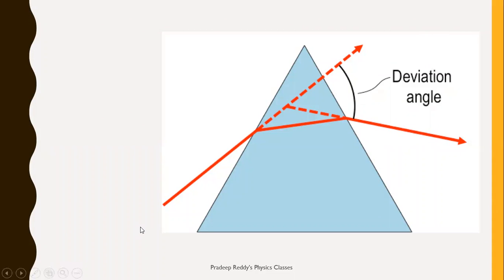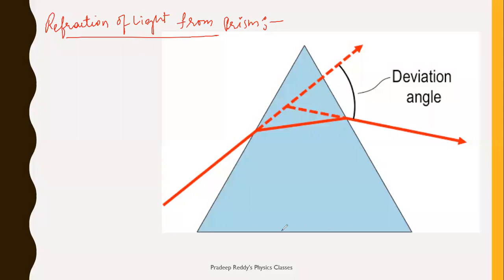Refraction of light from prism. Now, let me consider this is light which is starting at this position A, and here is a point where this light ray is incident on the prism.